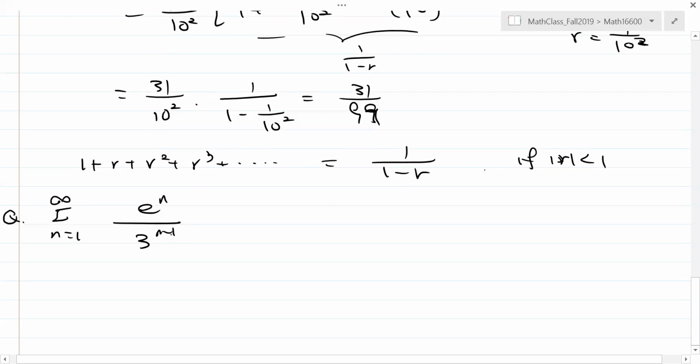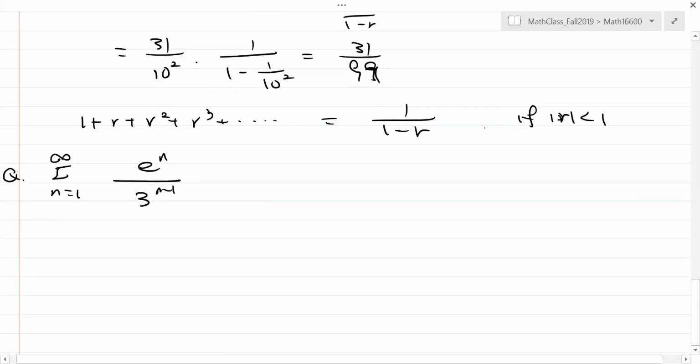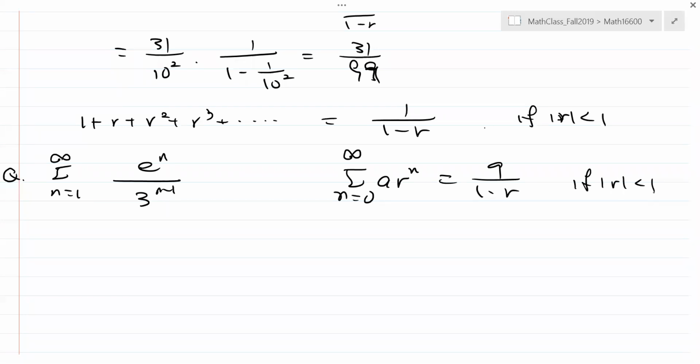In order to prove whether it's convergent or divergent, we have to look at it carefully. If you are able to express it in this form, then this is going to be a over 1 minus r if the absolute value of r is less than 1. Then you can simply use that formula.